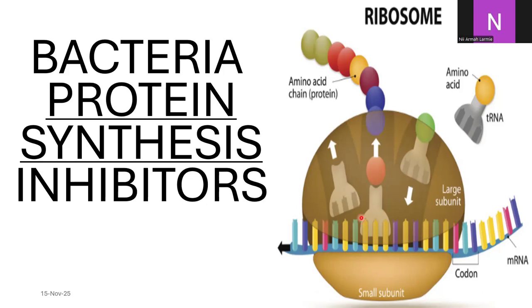So the group of antibiotics that are known as bacteria protein synthesis inhibitors inhibit either the larger subunit or the smaller subunit, and inhibiting it interrupts the process of protein synthesis.